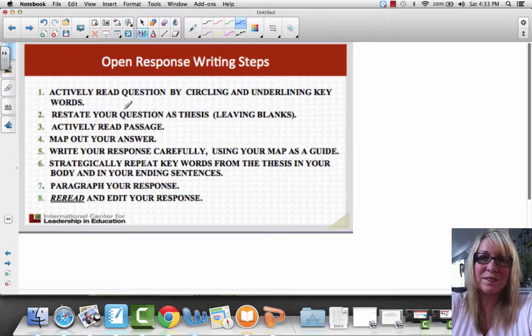You can find the graphic organizer in the back of your packet. We are going to map out our answer, then you're going to write your response carefully using your map as a guide. You're going to strategically repeat key words from the thesis in your body and in your ending sentences. You're going to paragraph your response and reread and edit your response.